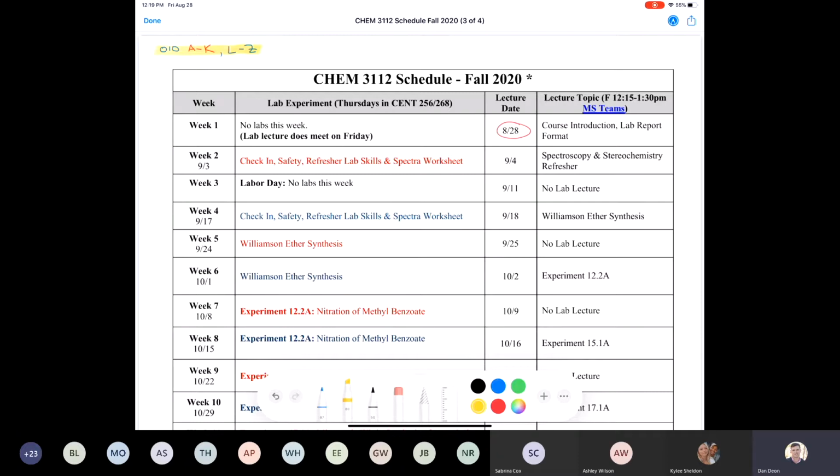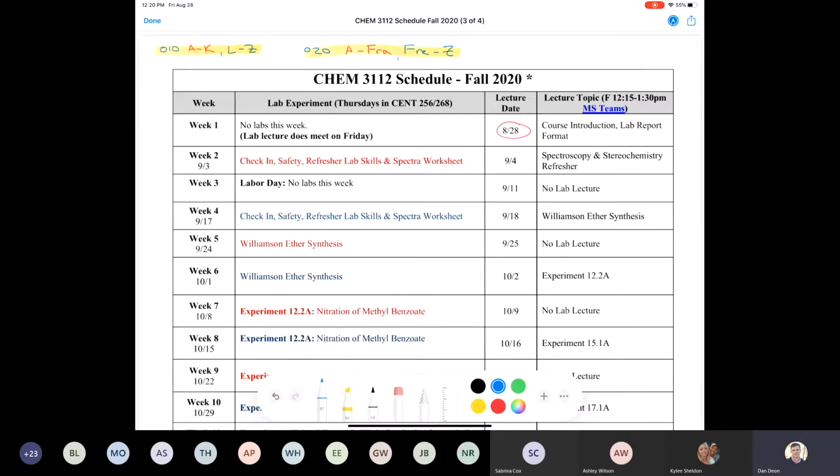If you are in section 020, my section, and your surname begins with the letters A through FRA, you're going to be in cohort A. If your last name begins with FRE, that's you, Kyer, all the way to W, and I could have put Z, then you will be in cohort B, the second cohort.